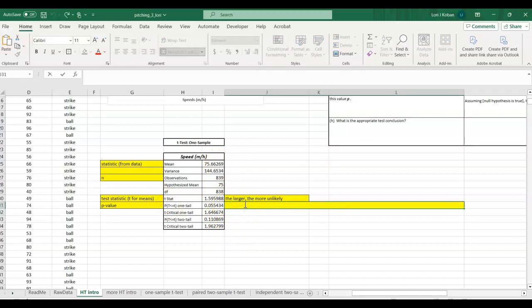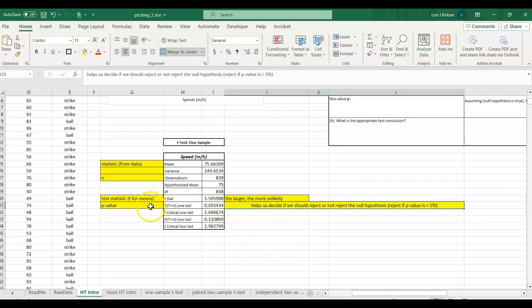We're going to write it again, but our p-value helps us decide if we should reject or not reject the null hypothesis. And we're going to reject the null hypothesis if the p-value is less than 5%.